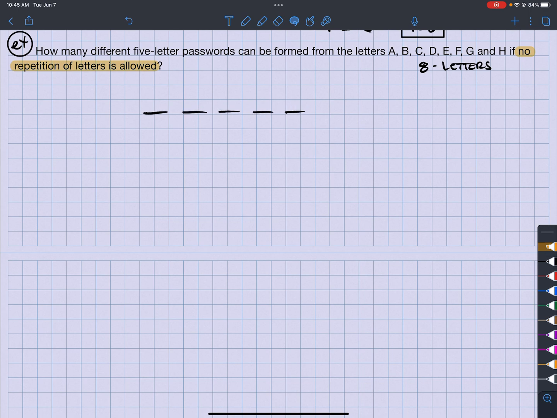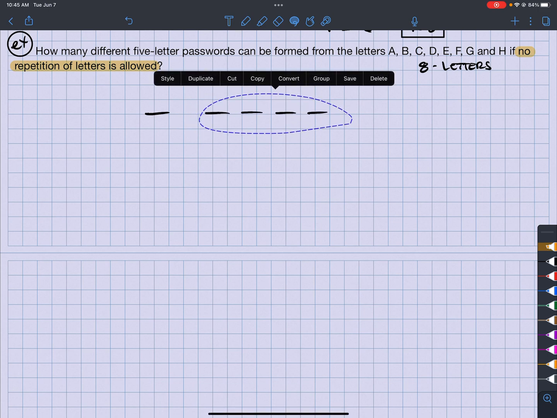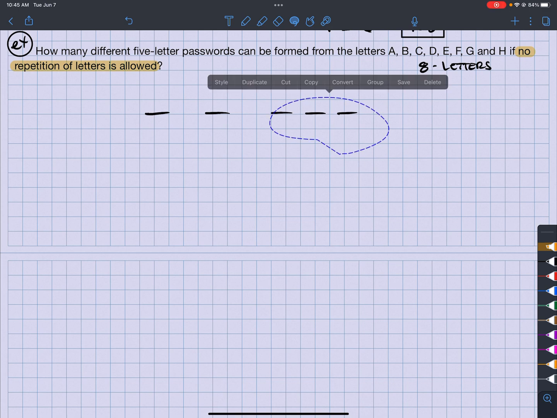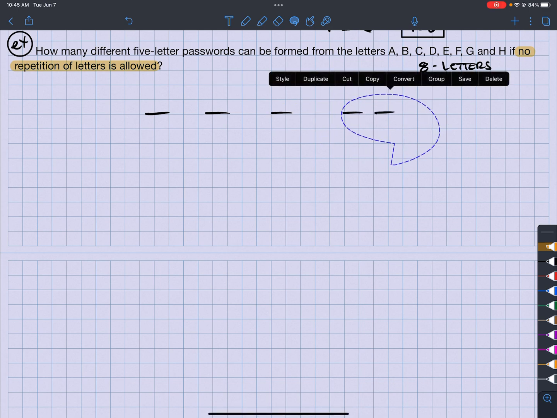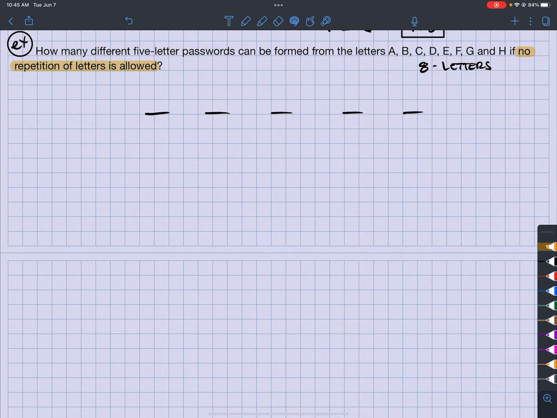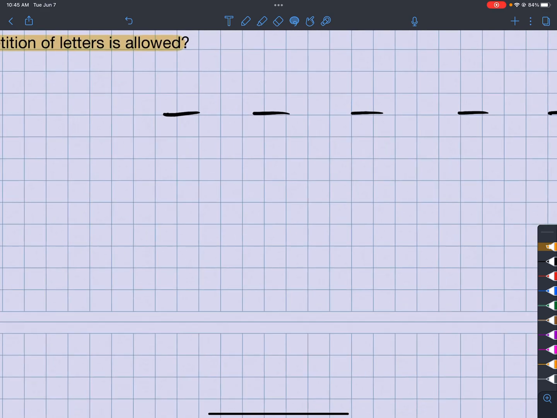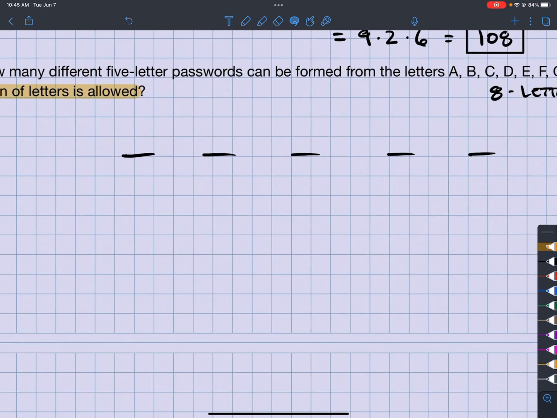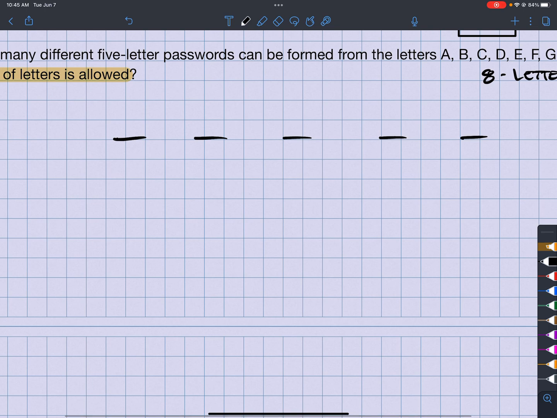So here's my 5 letters. I start off with 8 letters for my first spot. I have 8 letters to choose from, so from 8, I get to choose one of them.